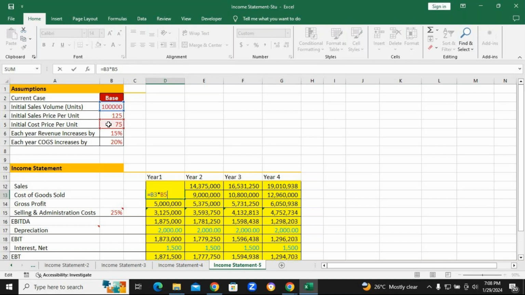COGS is the cost I have incurred to buy that particular item, and the selling price is the price at which I sell that item. So how many units have I sold? 1 lakh units. To buy those 1 lakh units, each unit I have paid 75 rupees. So 1 lakh into 75 will be my COGS.